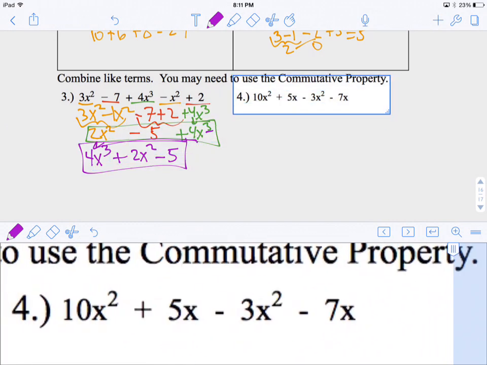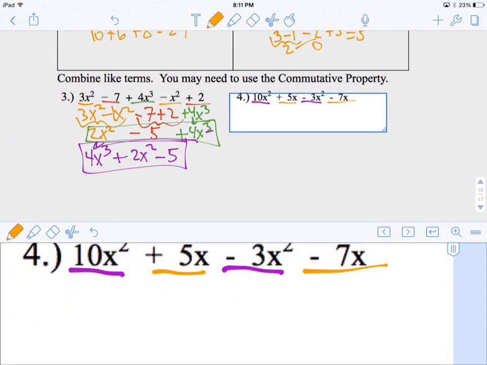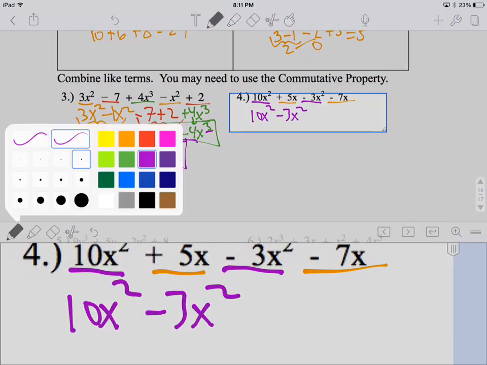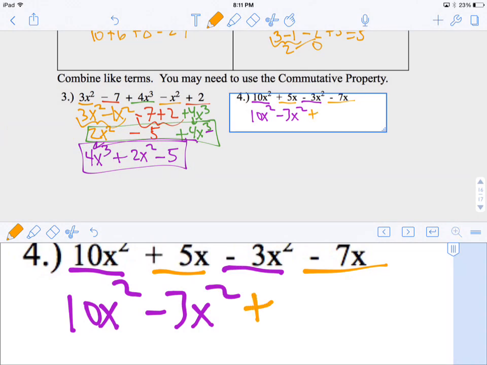Over here we've got 10x squared and negative 3x squared. I'm going to put those together. And we've got 5x and negative 7x. I'm going to put those together. So my purples, 10x squared minus 3x squared. And my oranges, plus 5x minus 7x.